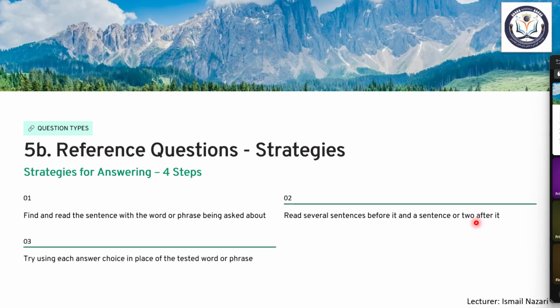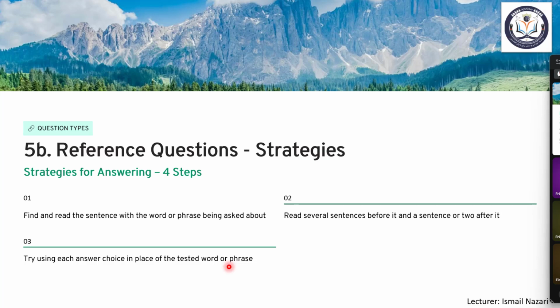The third thing is to try using each answer choice in place of the tested word or phrase, or simply do the logical replacement. The answer you choose, just take it and replace it with the highlighted word. If it gives the same idea or the same connection, that's the correct answer.